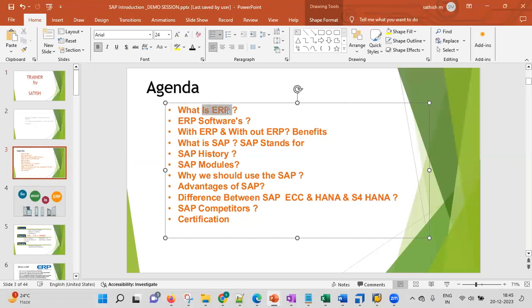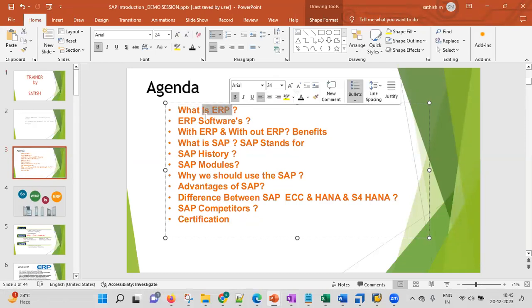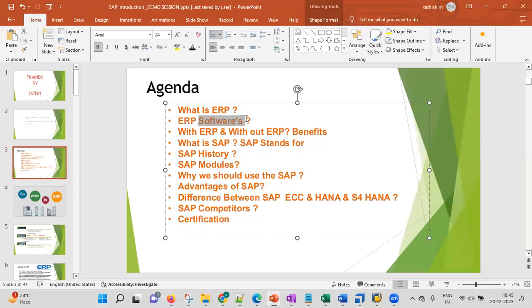So what is an ERP software? What are the ERP softwares available in the market currently?